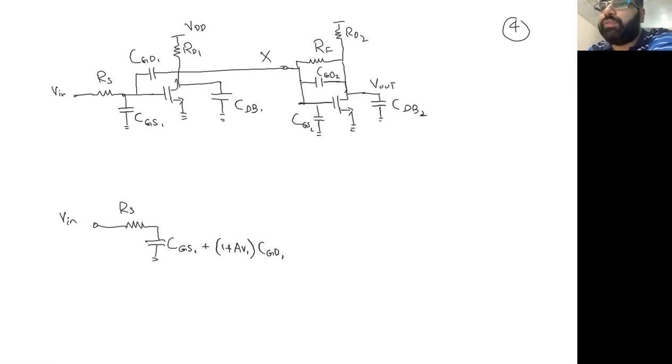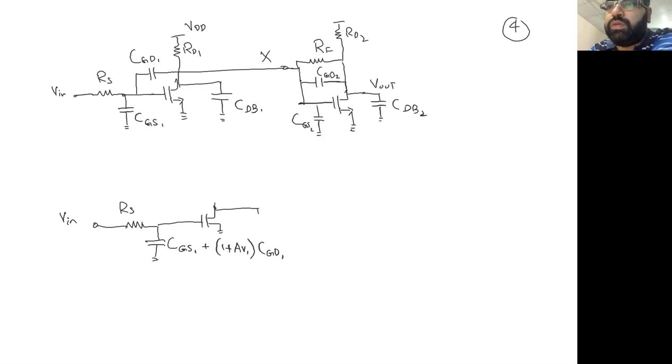We all know AV1, but still I will see how we can figure it out.